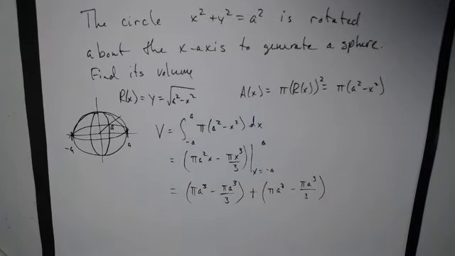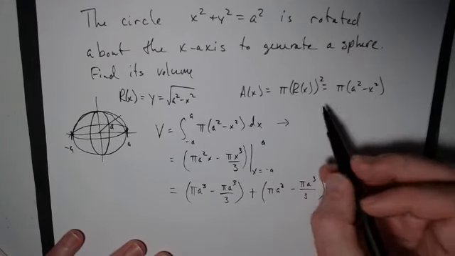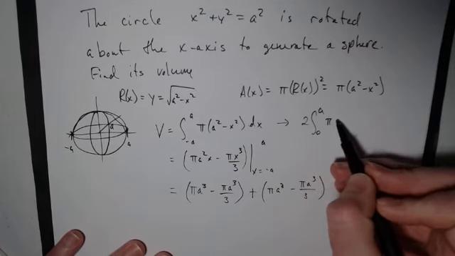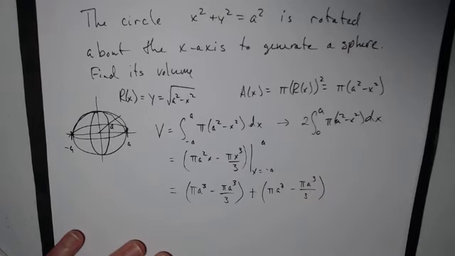As a matter of fact, this is one of those places where if I had realized symmetry ahead of time, I could have saved myself a little trouble and said that this was equal to 2 times the integral from 0 to a of pi a squared minus x squared dx. You see, we get the piling up here.